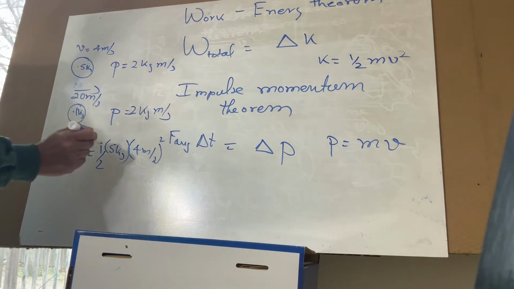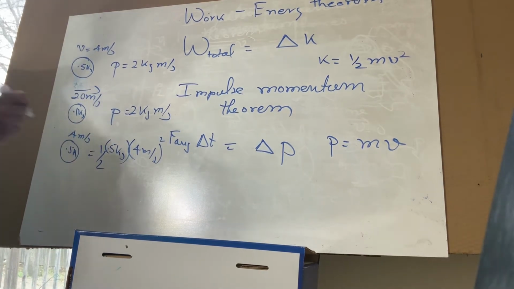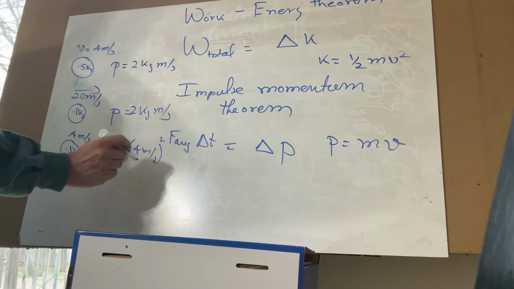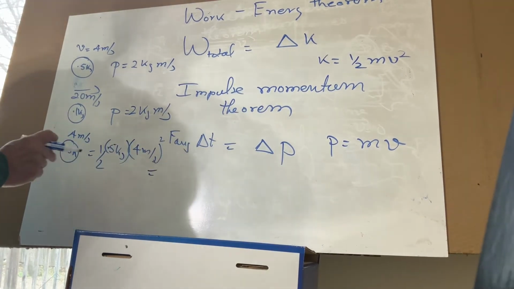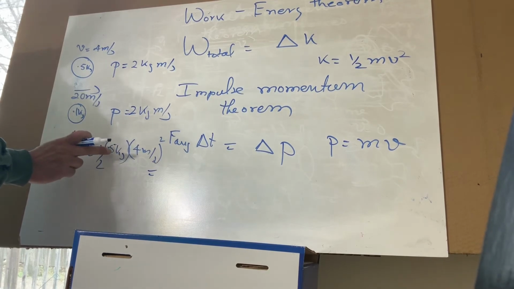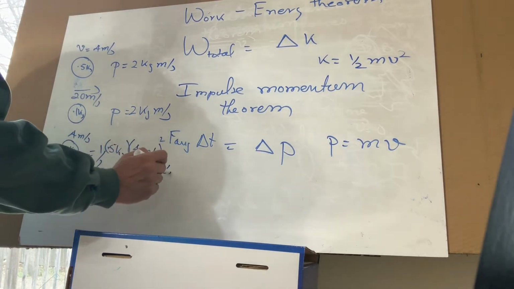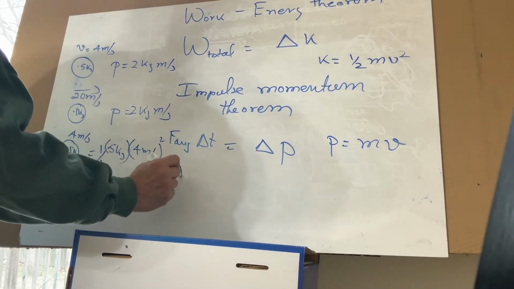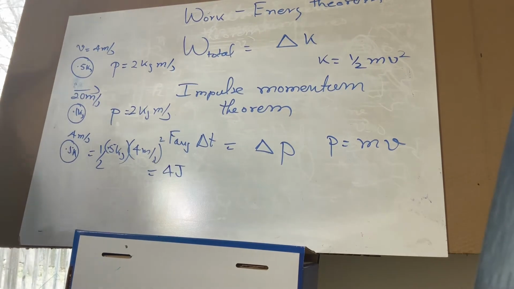So this is 0.5. If I multiply this out, 4 times 4 is 16. Half of 16 is 8, and half of 8 is 4. So the kinetic energy is 4 joules when it hits you.